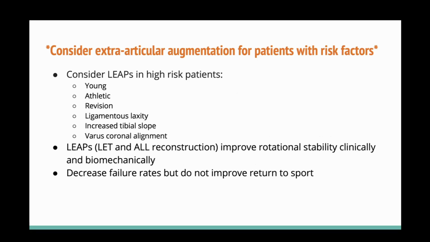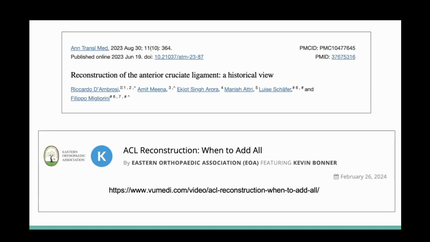Consider these surgeries in young, athletic patients who are returning to a pivoting sport, in the revision setting, in the ligamentously lax group, and in people with increased tibial slope or coronal alignment that's a little bit funky. If we do these surgeries, we can improve rotational stability and improve stability clinically and biomechanically, and decrease failure rates, but not necessarily increase return to sport.